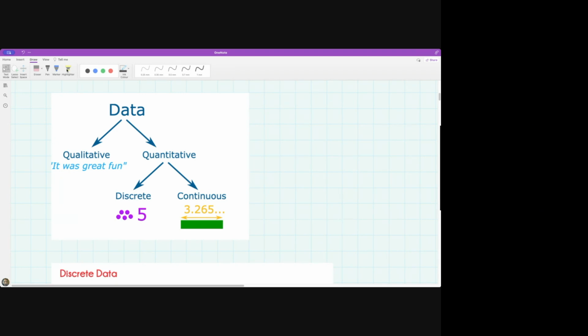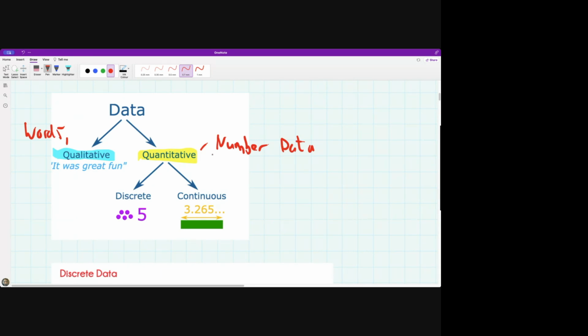In the world of data, we have data that is made up of numbers, which we call quantitative data, or sometimes number data. We also have qualitative data. It sounds very similar, but if I really simplify it, qualitative data is data that comes in the form of words or categories.